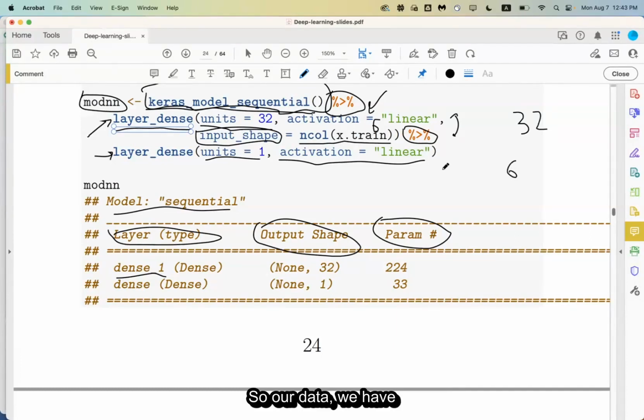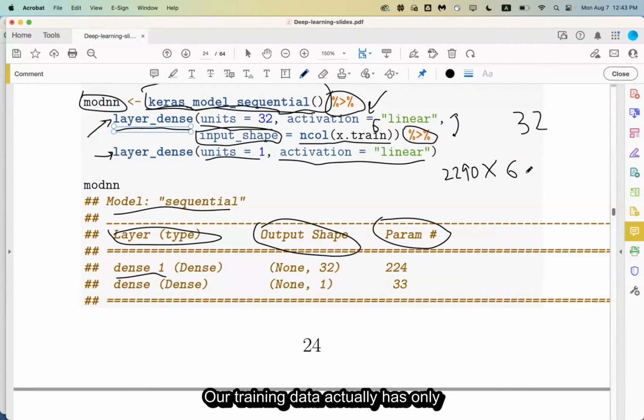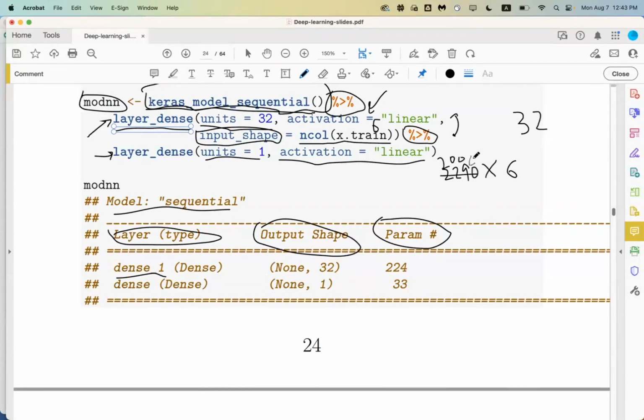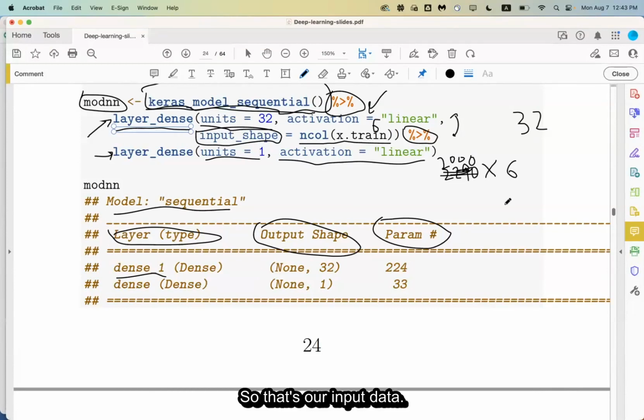So our data, we have the total number of participants and total number of variables. Our training data actually has only 2,000 participants. Right? So therefore, our training data has a shape 2,000 times 6. So that's our input data.